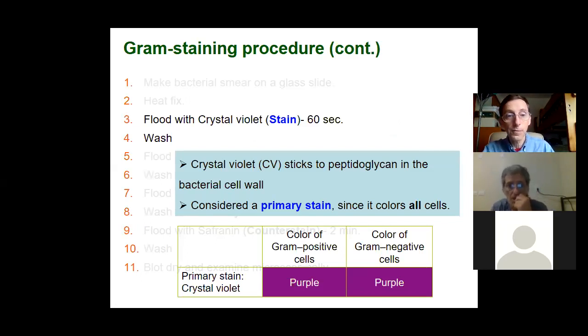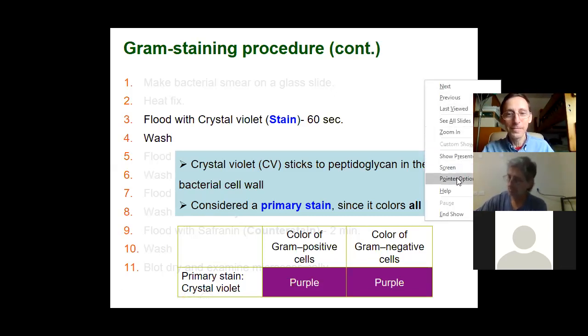When you're flooding with crystal violet for 60 seconds, the crystal violet is going to stick to the peptidoglycan in the bacterial cell wall. And I briefly mentioned that it's the primary stain because it's the first stain we're using, and it stains all the cells the same color.